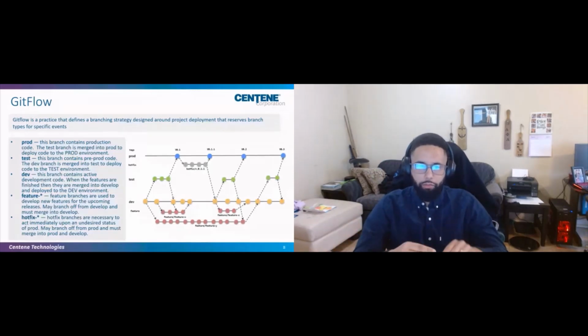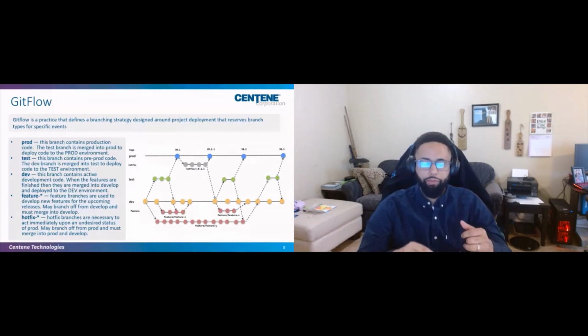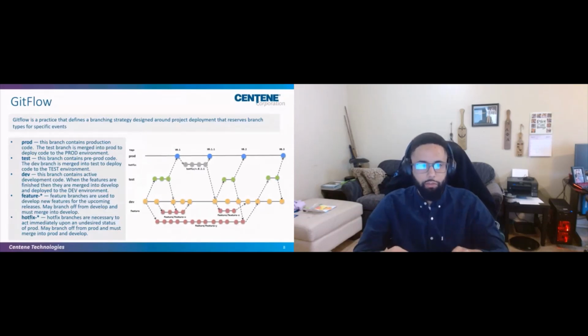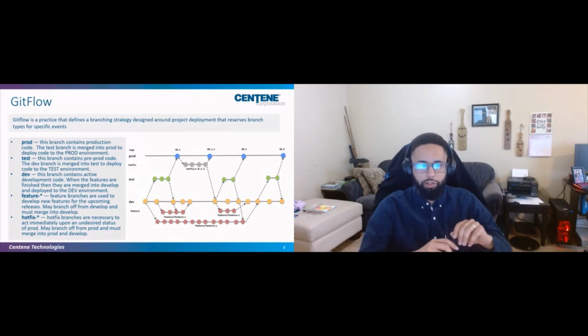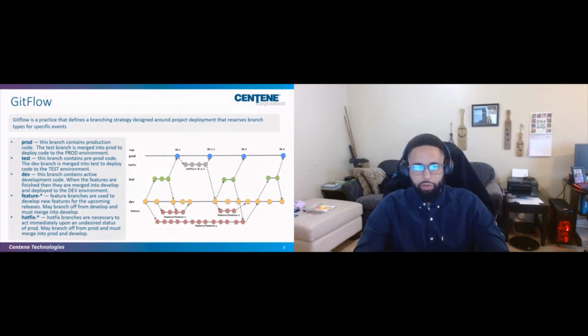So I'm sure most of you are familiar with Git. There's lots of different ways you can manage your code with version control in Git in particular. The practice we use is Git Flow. And basically this is just a branching strategy that we design around project deployment.